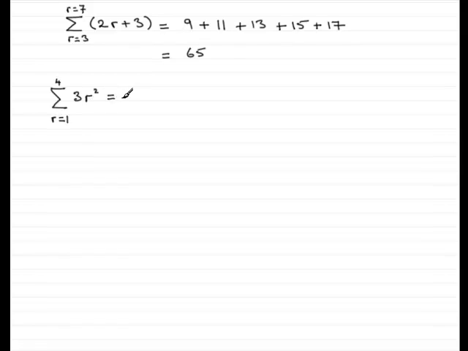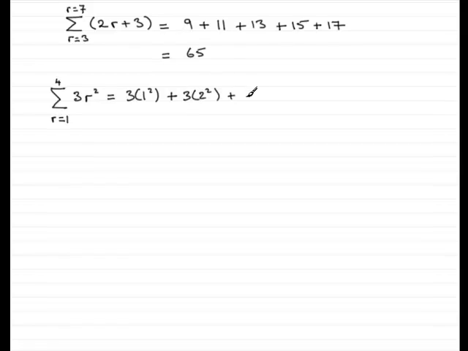Well, what we've got is that when we substitute r equals 1 in here, we've got 3 times 1 squared. And then because we've got the sigma notation, we're adding the value when we put r equals 2 in, so that'd be 3 times 2 squared.